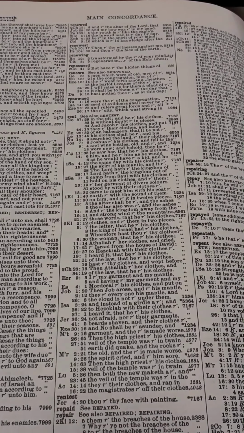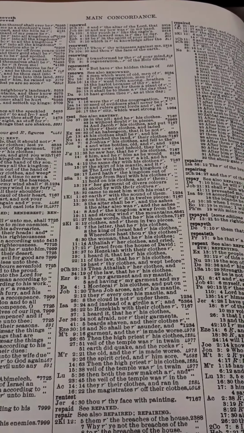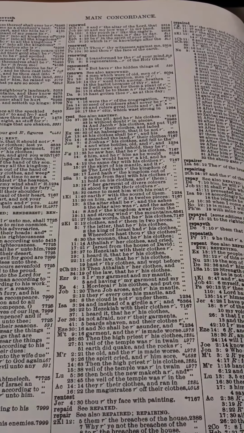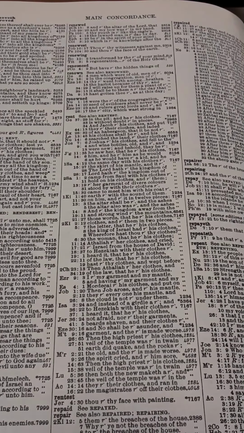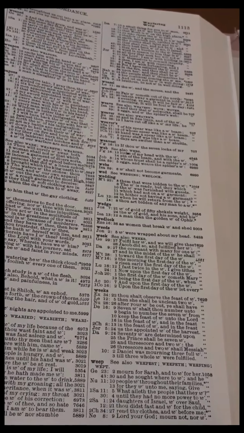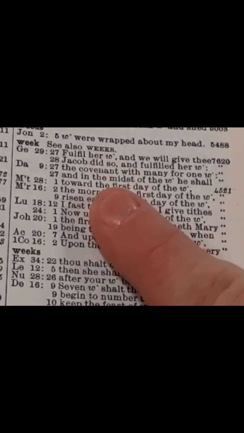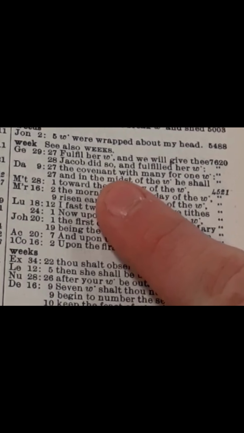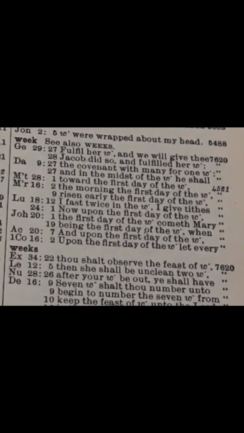Okay, so we're going to look at another word, one more word, the word weak. And we're going to go back all the way in the back here because W is near the end of the alphabet. And here we have the word weak. And so what we're going to do is we're going to go to Daniel chapter 9.